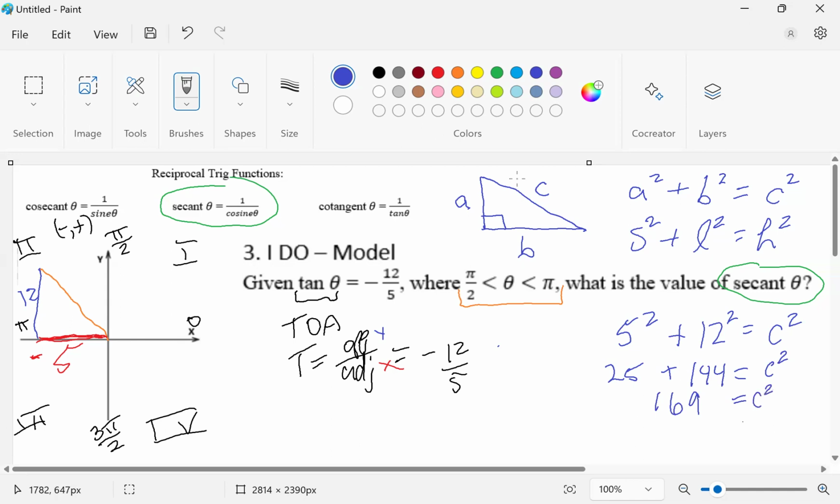And now we can take the square root of both sides. We know that the hypotenuse must be a positive distance. So when we take the square root of both sides, C equals 13 units. So we can label that our hypotenuse equals 13. We're almost there.